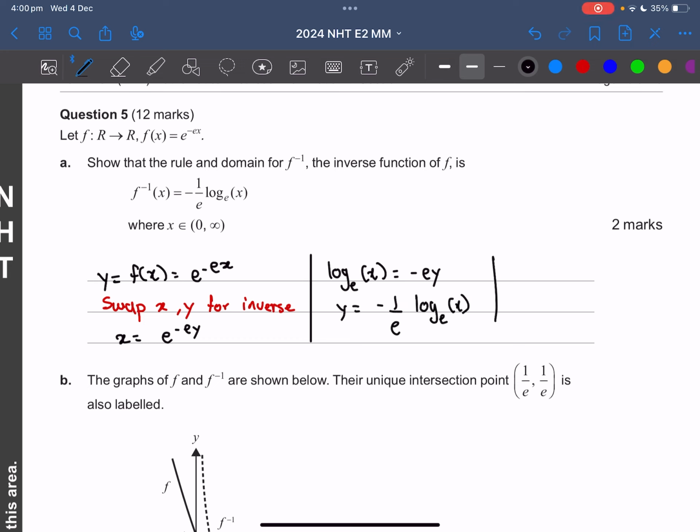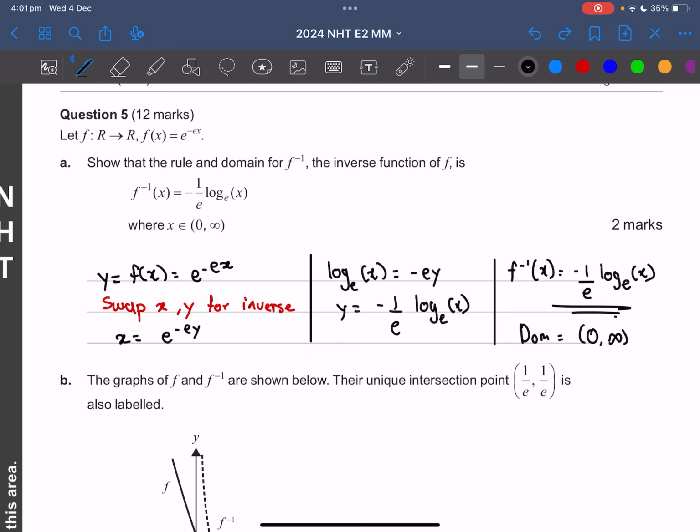So our f inverse is going to equal negative 1 on e times log base e of x. Okay, so that's that. Now of course the domain is going to be 0 to infinity. That is because we are dealing with log, and log is only defined for that domain.